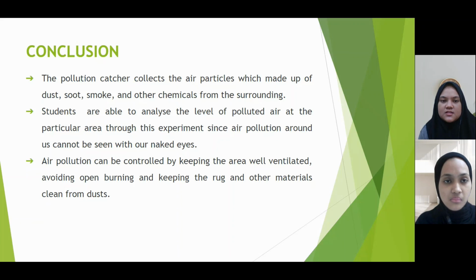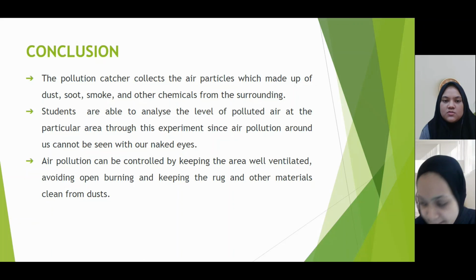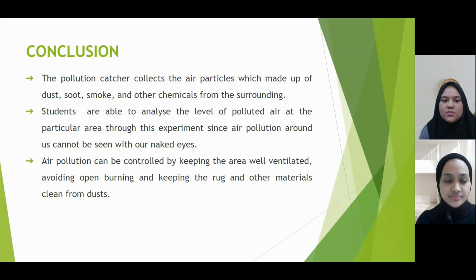So through this experiment, students are able to analyze the level of polluted air at the particular area that we choose, since air pollution around us cannot be seen with our naked eyes. So basically this experiment allows students to test how dirty the air around us is.